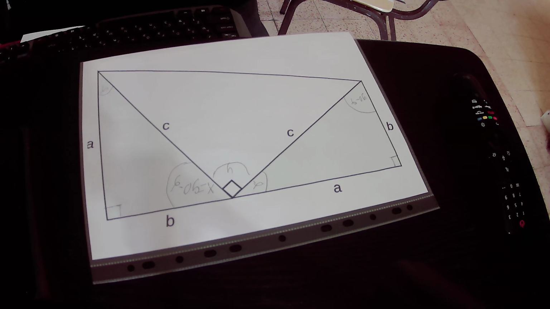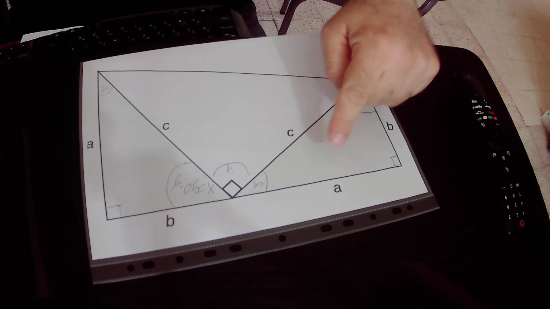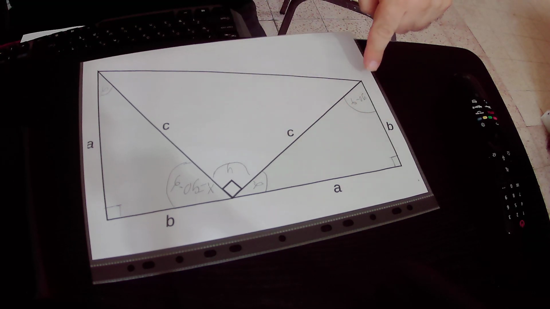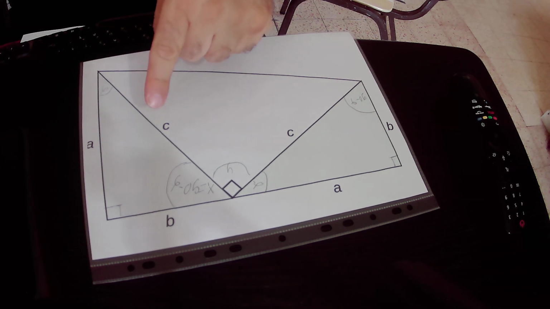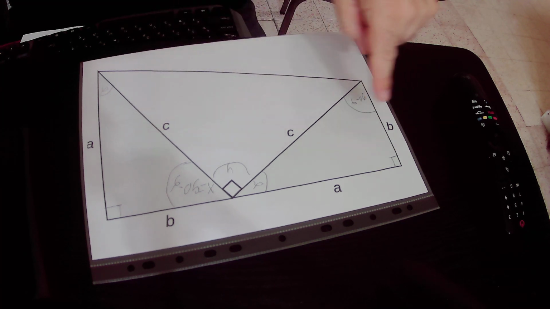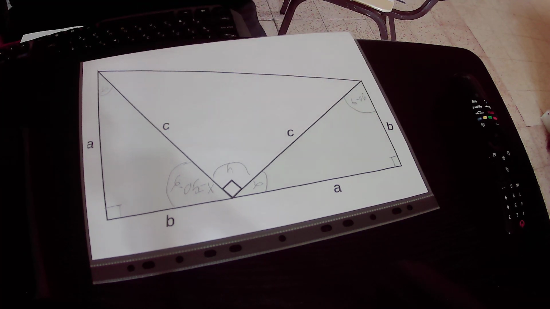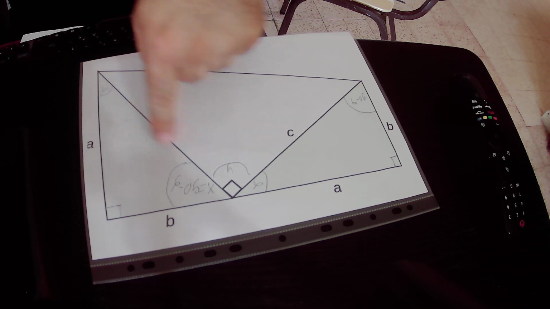And since the third side of the triangle ABC on the right side is C, then because of the overlap of the two triangles, the third side of triangle ABC on the left side is also C. Okay?